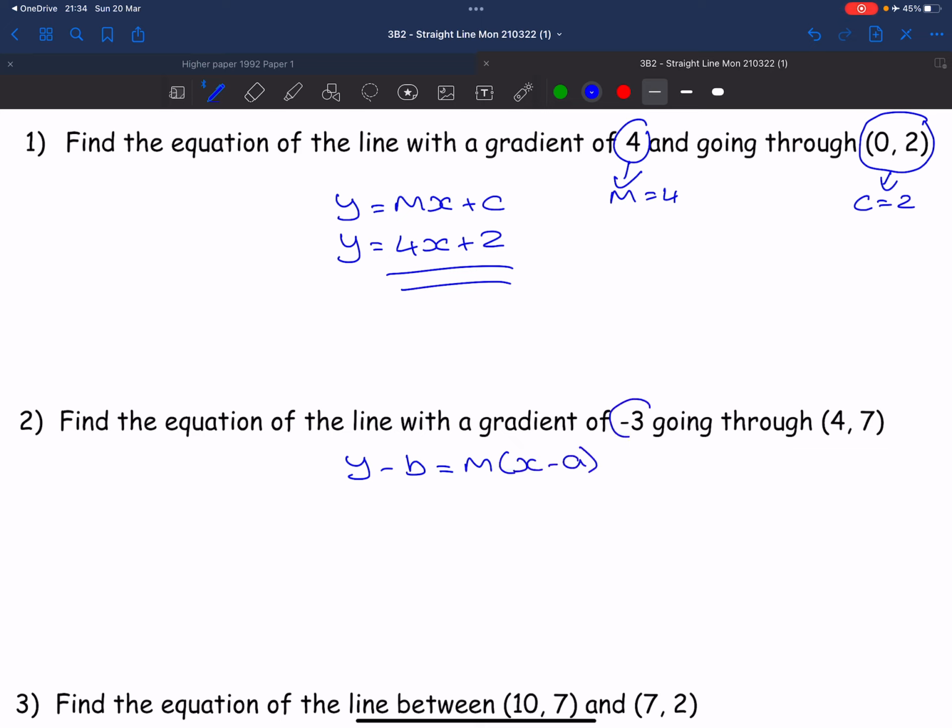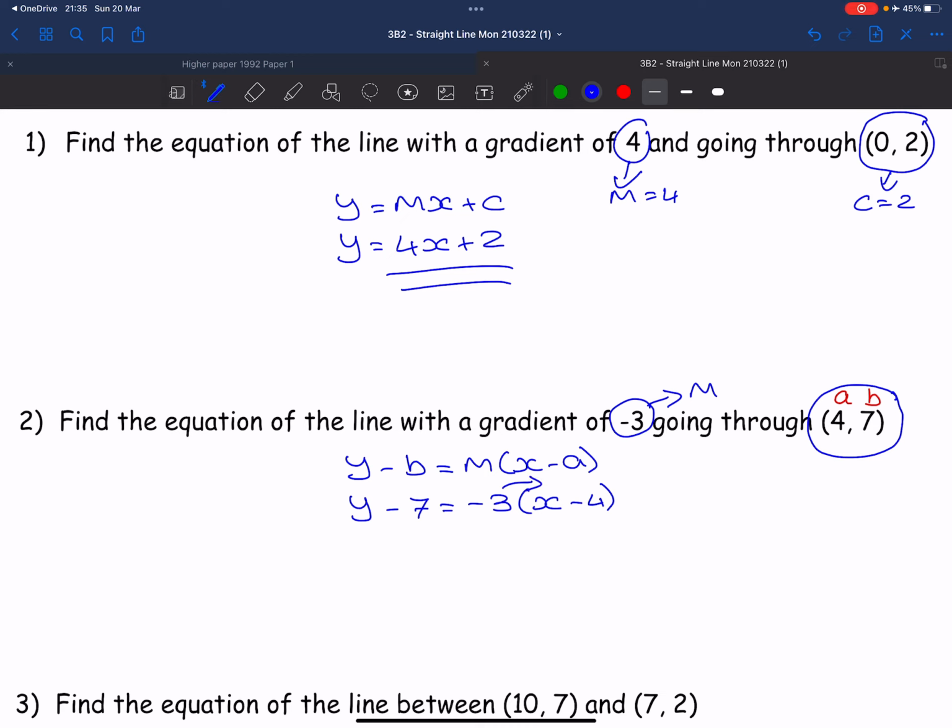So my minus 3 is my value for m, but since it's not the y-intercept, I'm going to say that a is the value 4 and b is the value of 7. So all I need to do here is put these points into the equation. So I get y minus 7 is equal to minus 3 bracket x minus 4.